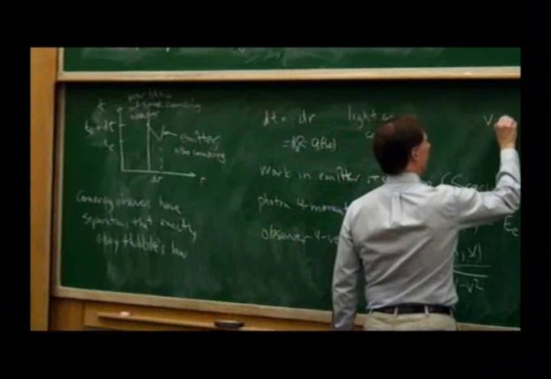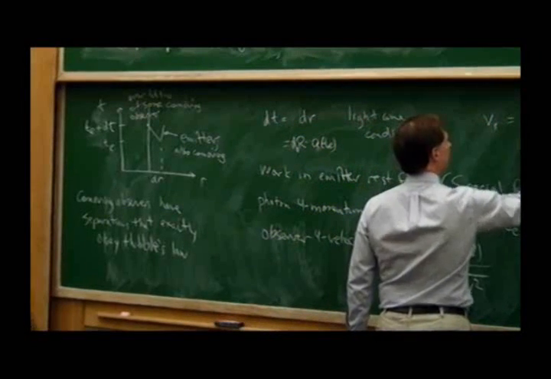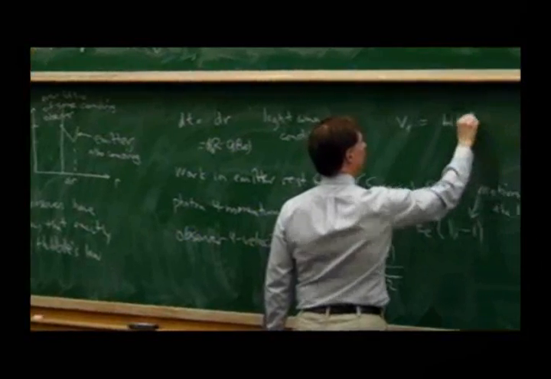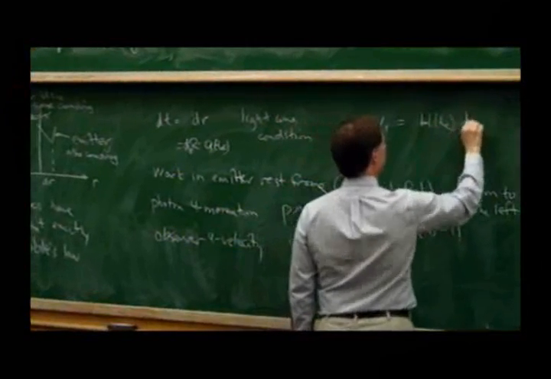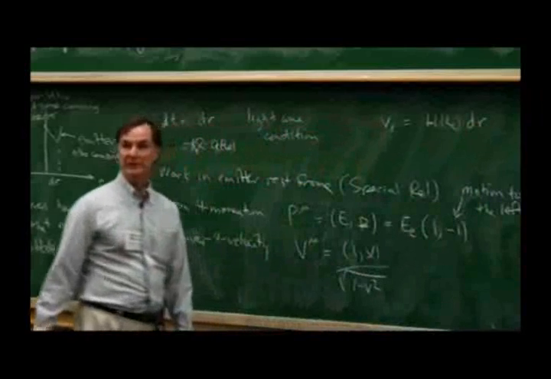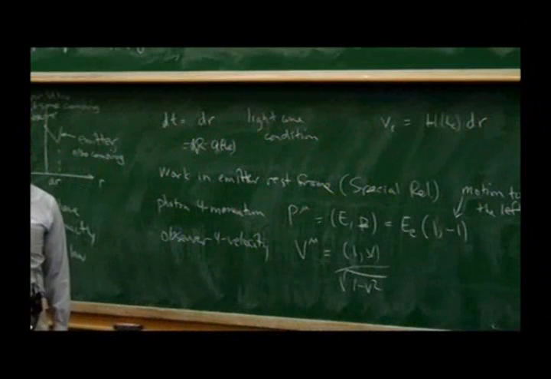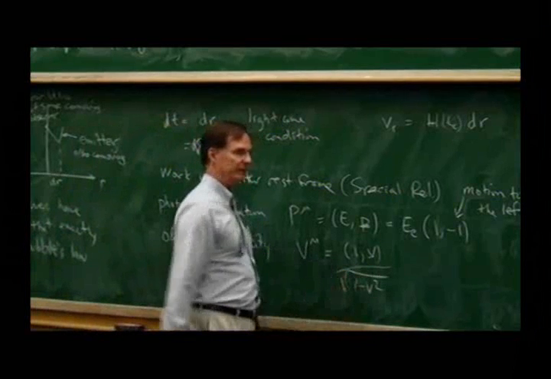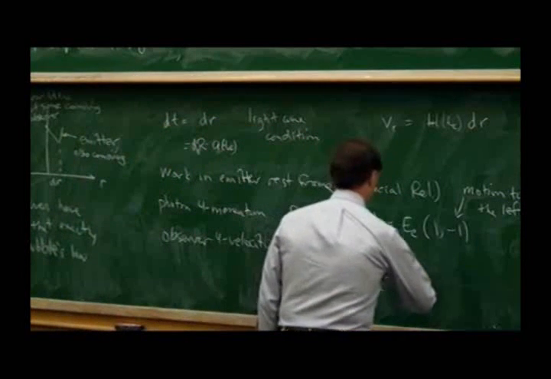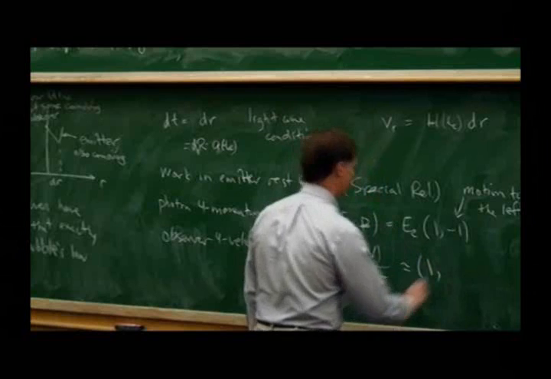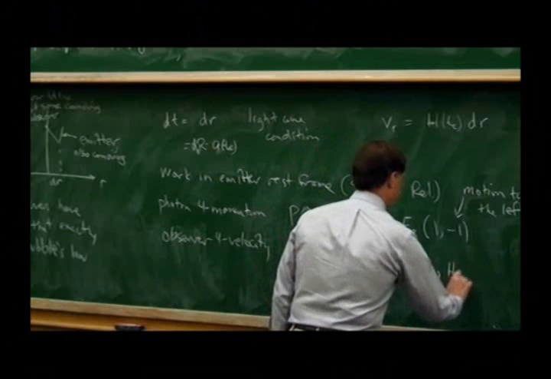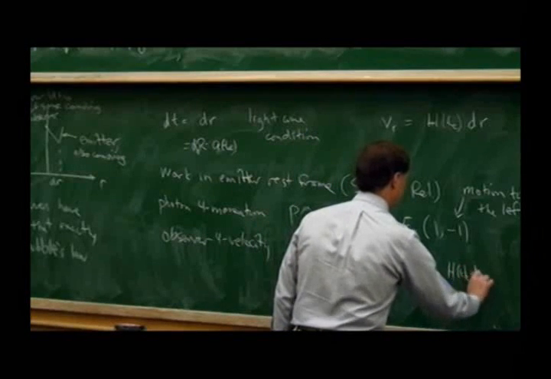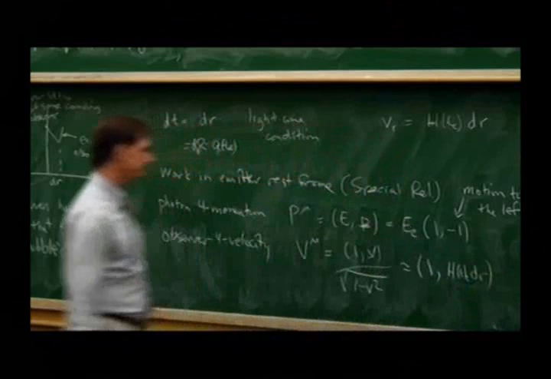How big is that velocity? V sub r is H at t sub e times dr, and dr is differential. It's going to be very small, so dr is very small. I can therefore neglect the v squared in the denominator and write this as 1 and H of t_e times dr.